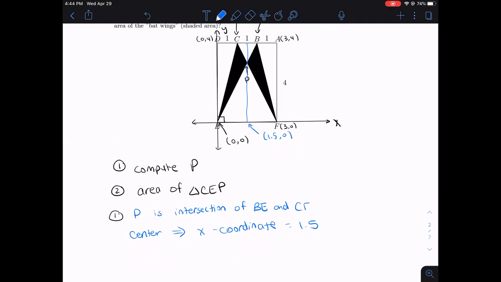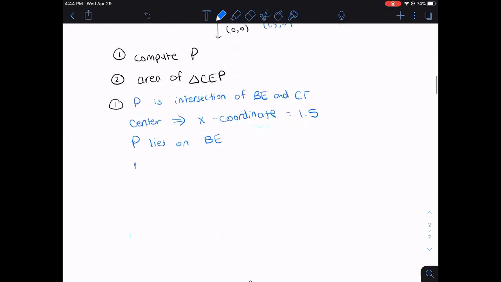Now we also know that P lies on BE. So let's try to find the equation for BE. To do this, we know B equals 2, 4, E equals 0, 0. So the slope of BE is 4 minus 0 over 2 minus 0, which is 2. You might remember from before the equation y equals mx plus b.